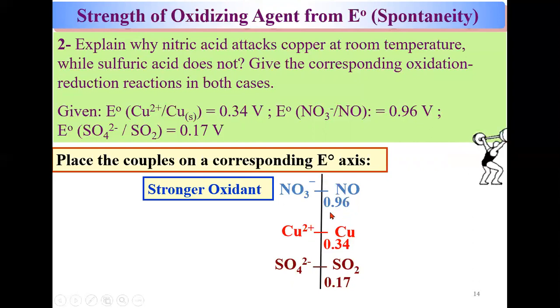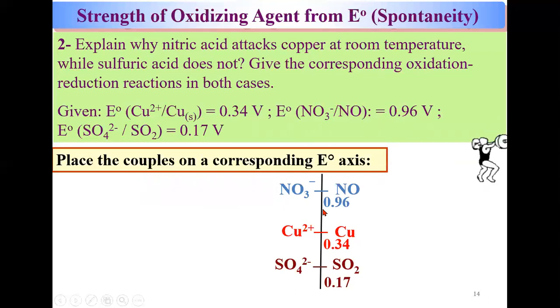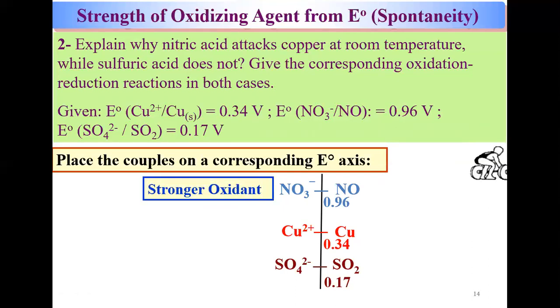The higher the E naught, the stronger the oxidant or oxidizing agent.